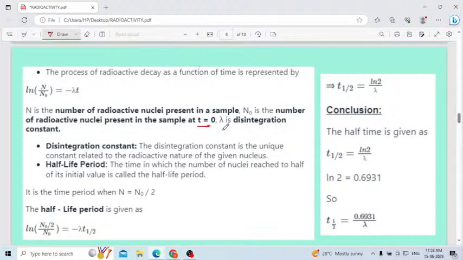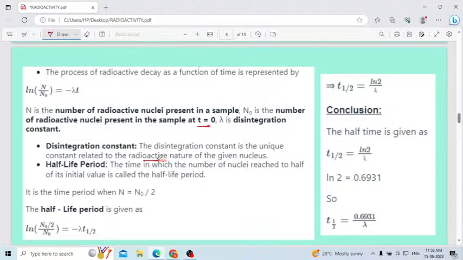It is a special constant that relates to the radioactive nature of the given nucleus. Whether the sample is highly radioactive, less radioactive, or radioactive or not, everything is decided by lambda. That you have to remember.